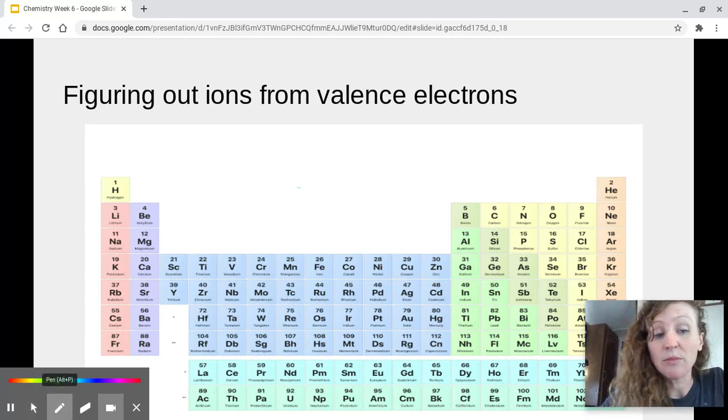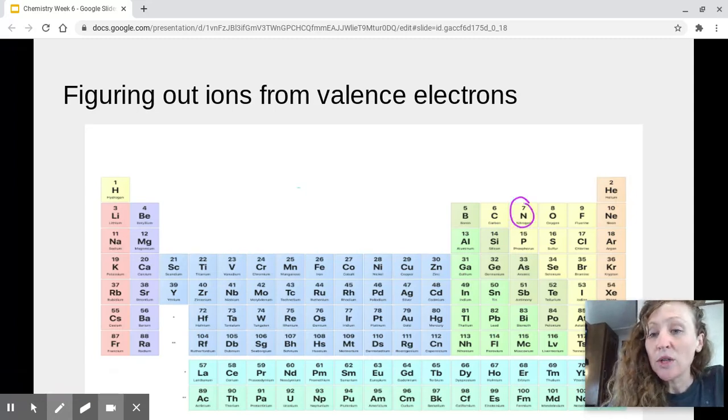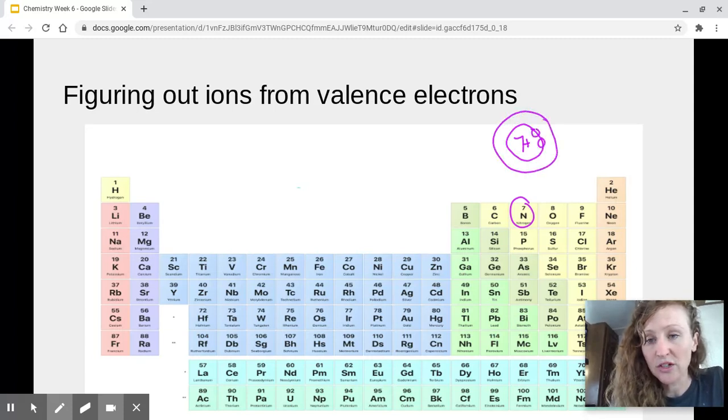You can do this using the Bohr model. For example, let's do nitrogen. You can draw the Bohr model for nitrogen. We know nitrogen has 7 protons. We know it has 7 electrons. 2 electrons fit into the first energy level, and then the remaining 5 electrons get put into the second energy level.